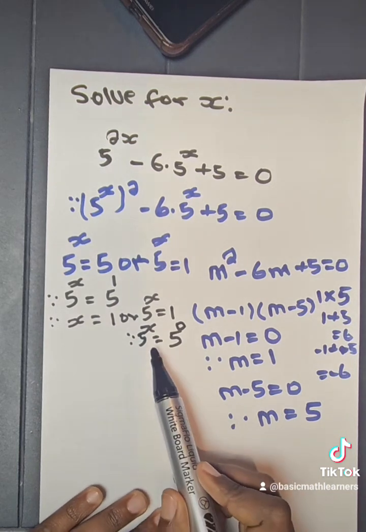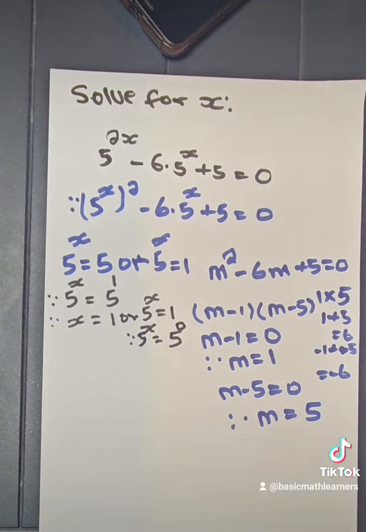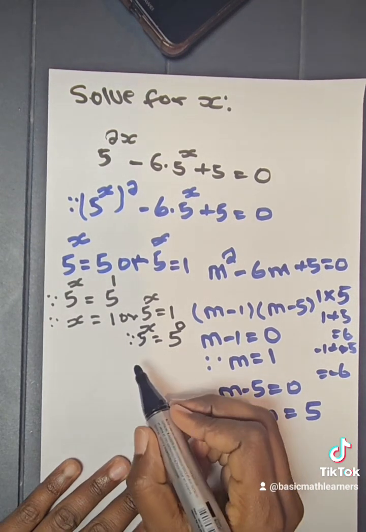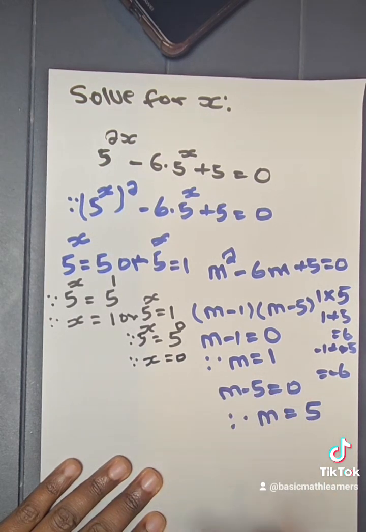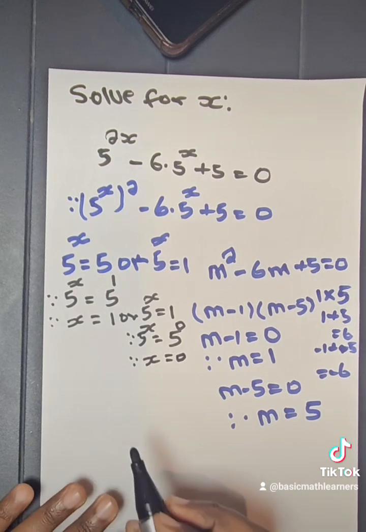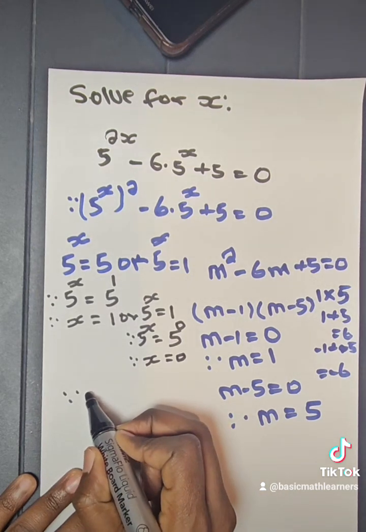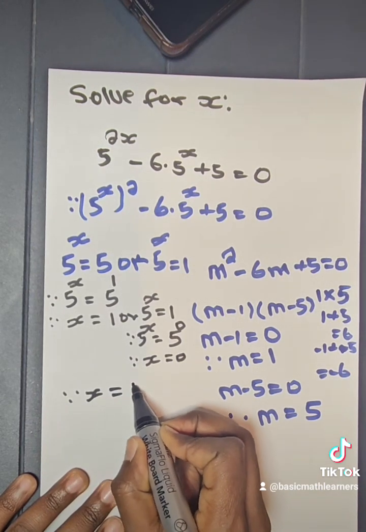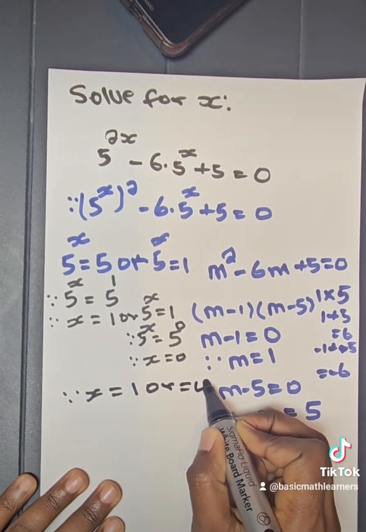Now we have the same base, power equal to power. So what do we need? Drop the bases. Therefore, x equals 0 for m equals 1. So now, our solution is x equals 1 or x equals 0.